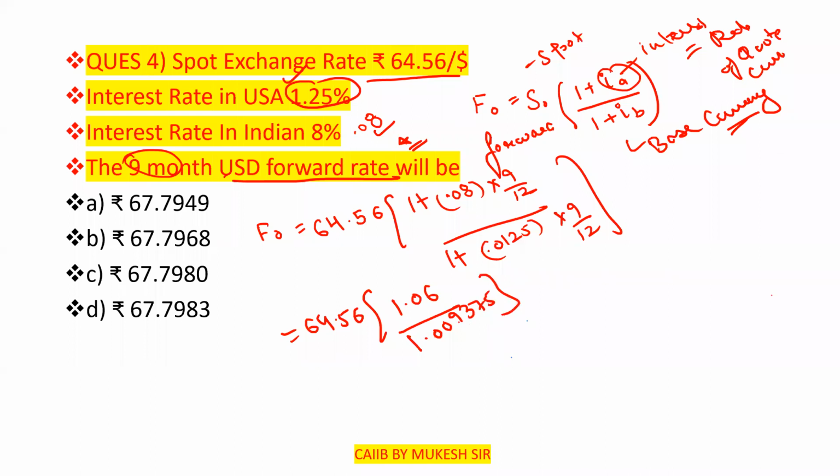So this will be 64.56 into 1.06 divided by 1.009375, and that comes out to 67.79.